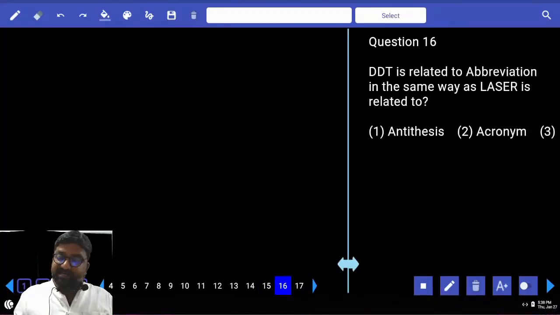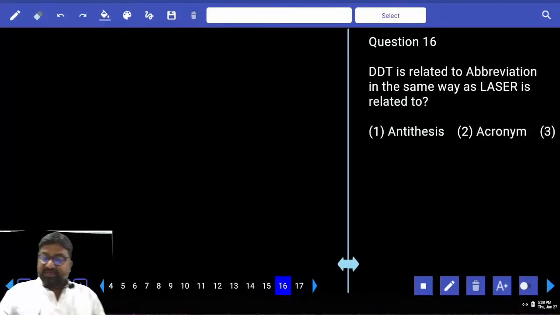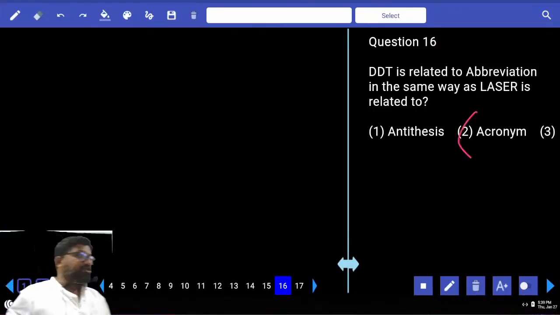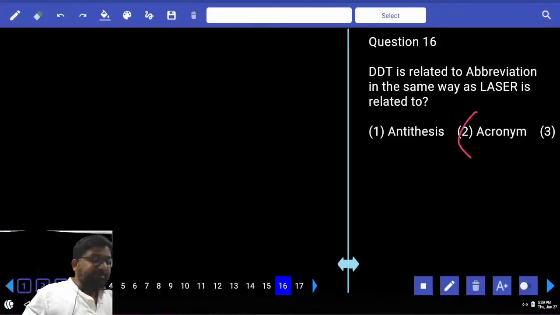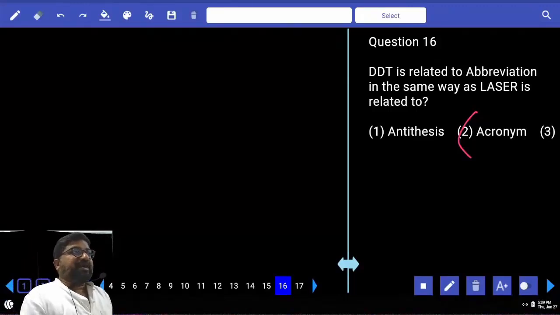DDT is related to abbreviation in the same way laser is related to acronym. What is laser? See, acronym is an abbreviation which is formed by the first letters of different words. First letter of different words. What is the correct meaning of laser?